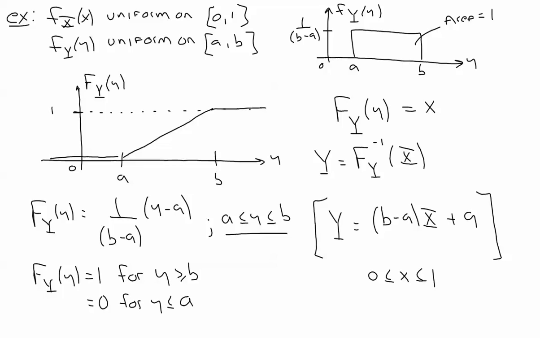All right. One last example. Once again, I'm going to assume that x is uniform on the range 0 to 1. And this time I'm going to assume that my probability density function for y is a Rayleigh probability density function.